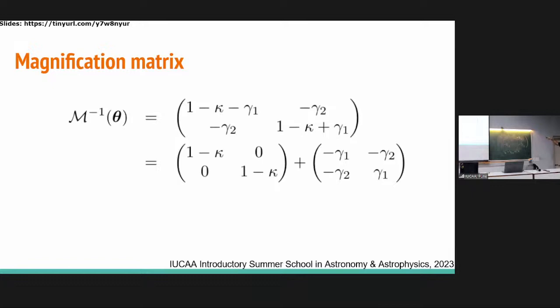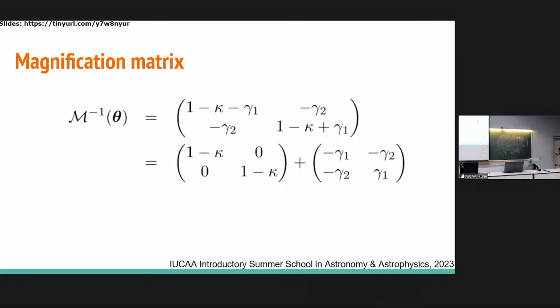Now I can divide this into two components. One is 1 minus kappa, 1 minus kappa, 0, 0, and then the other component looks like this. Remember, all these matrices are linear transformations which take things in the source plane to the image plane. They describe how small differentials in the source plane transform into the image plane. That's what we are doing.